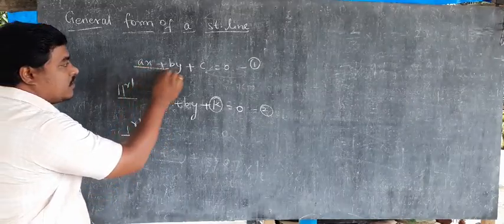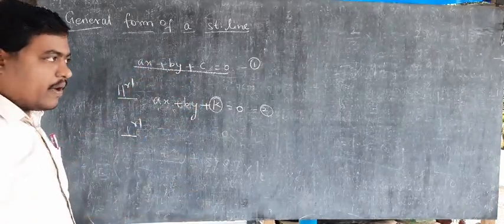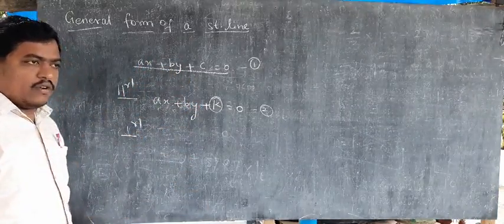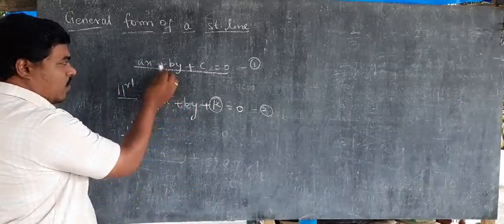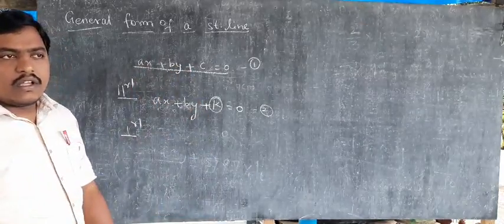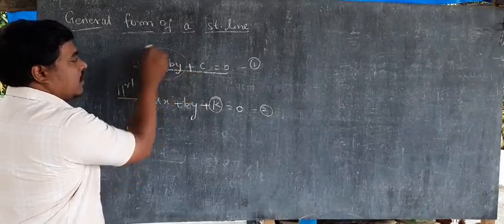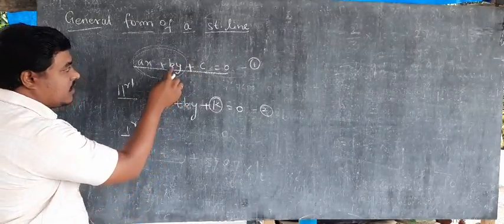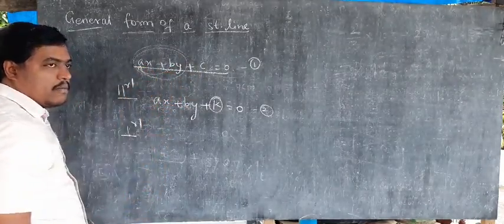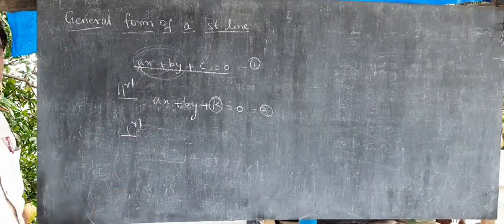For this equation 1, to draw a perpendicular line, what do we need to do? The coefficient of x will be transferred to the coefficient of y. So we have to interchange them. This b will come next to x, and a will come next to y.